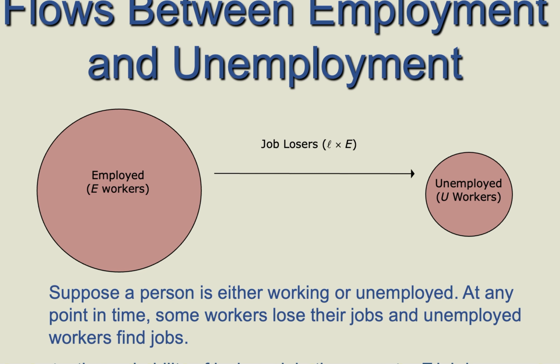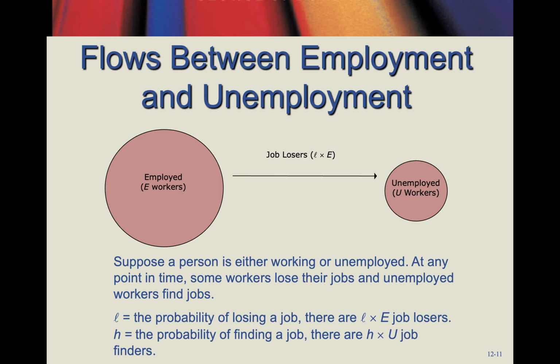This line therefore shows the direction of workers from employment to unemployment. The next flow of workers in the economy is shown by this line. It shows the flow of those who are first unemployed and then they are hired.